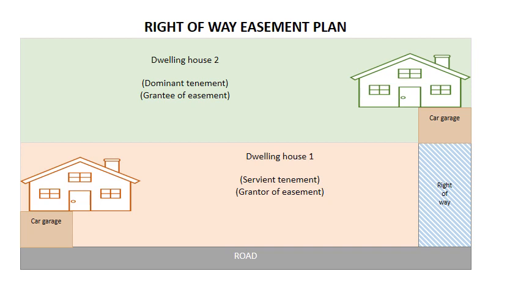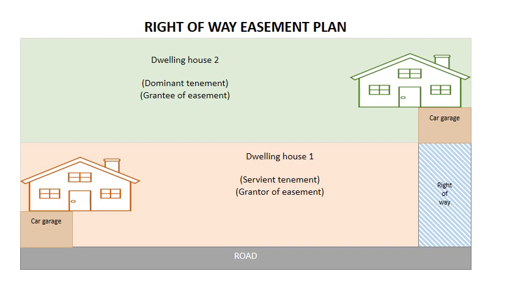What we have in this graphic is a right-of-way easement, and it shows you how it joins to the road and how it links up with what would otherwise be a landlocked piece of land. That's dwelling house 2. Now, the area of the right of way forms part of the title of dwelling house 1.